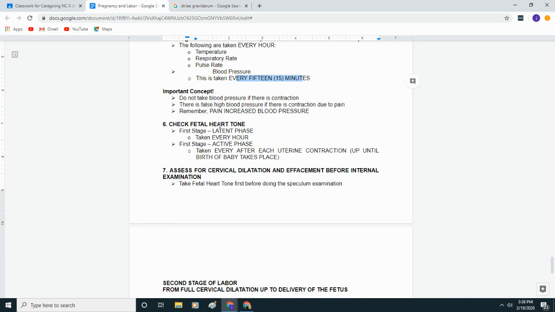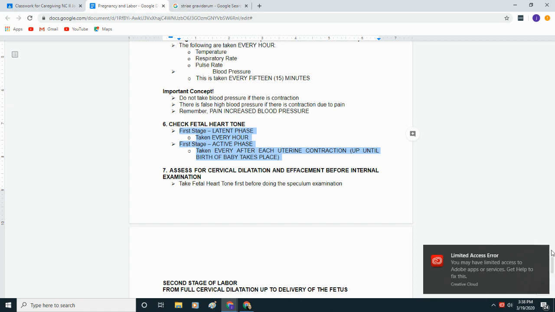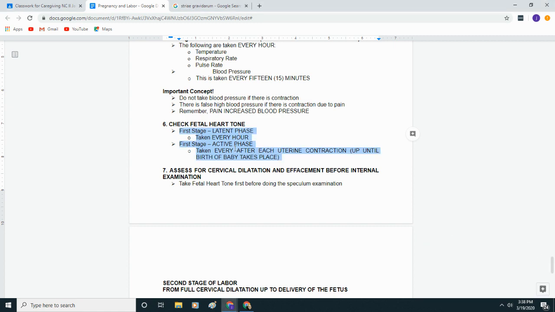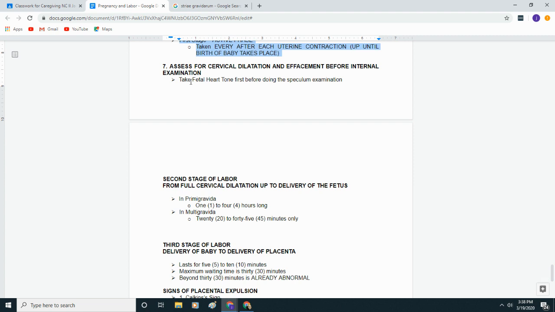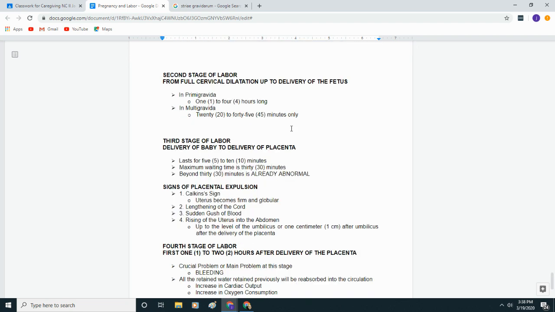Next is you should check for fetal heart tone, although this is done by your nurses, midwife, and doctors. But in case you need that, you need to measure fetal heart tone. Okay? Next, assess for cervical dilation. And again, this is done by your midwife, nurses, and doctor. Okay?